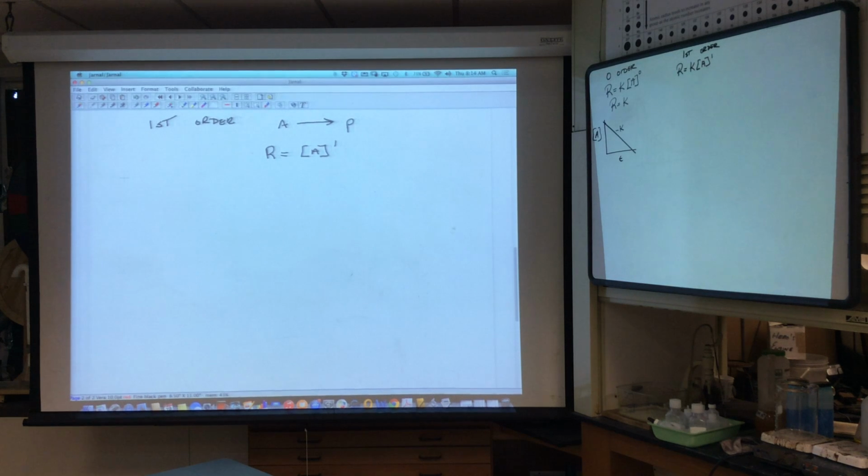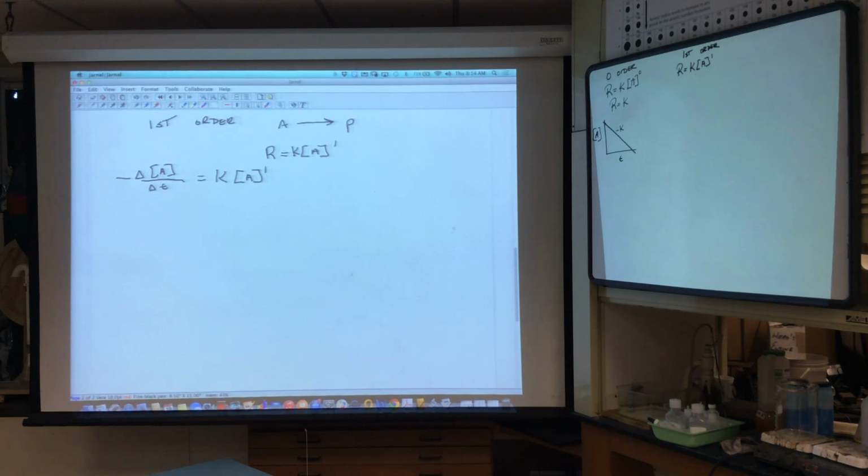Okay. So let's change R. R can be related to the what? Negative change of A over the change of time. And that's another way to think about R. Equal to what? Well, I forgot, there's a k here. Rate law constant, k A of the first power.